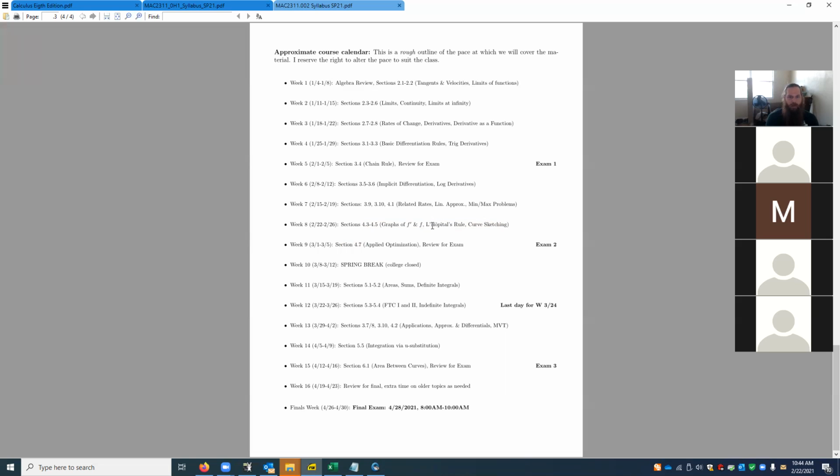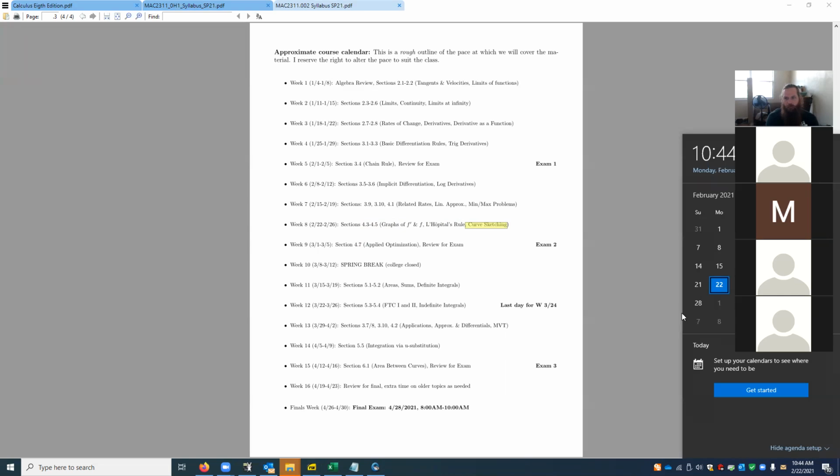L'Hôpital's rule can be easy, can be hard, depends on how deep we go there. And then the graphing stuff, we've done a little bit of this already, but you're going to need some practice on this. This is a hard section. So I'm thinking we have at least one week's worth of material left before we're ready for exam 2, which means to get exam 2 done before the 8th would be a real challenge.